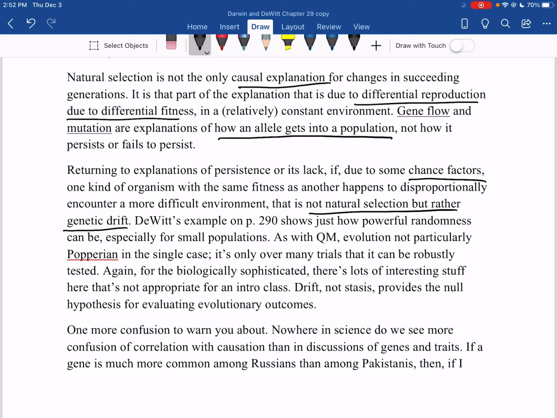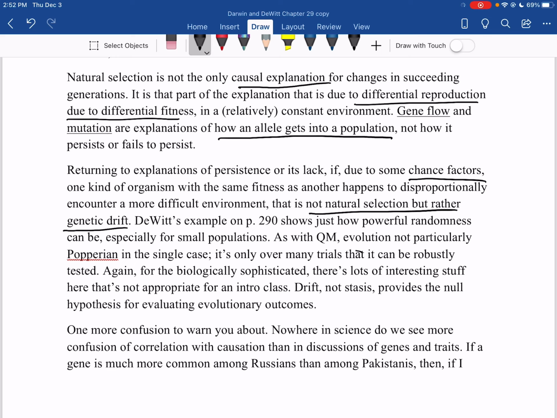A little bit of luck can make a huge difference to whether genes continue in succeeding generations or not. Not every causal explanation of why a gene persists in a population or disappears from a population is an explanation in terms of natural selection. Genetic drift is roughly luck.